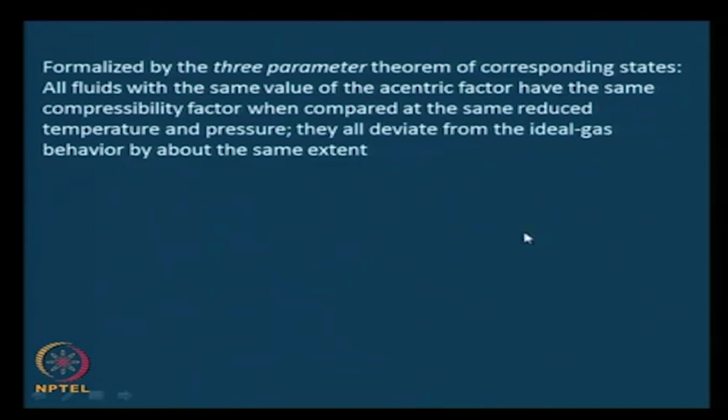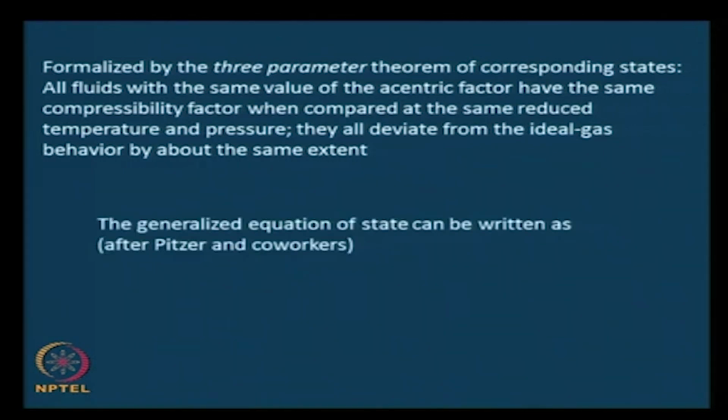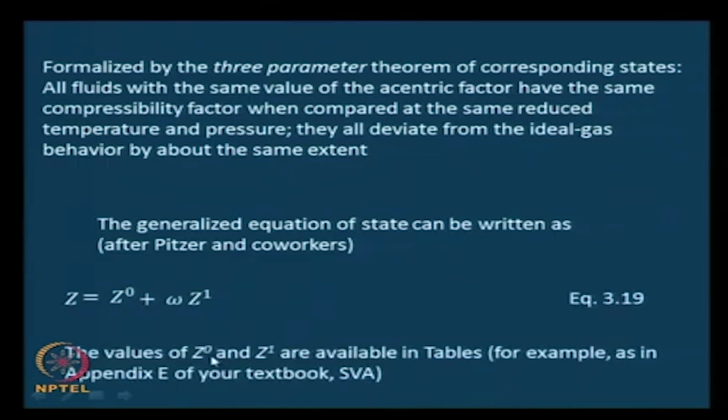This was applicable to a wide variety of gases, and the kind of equation of state that can be a consequence of the 3-parameter theorem is Z equals Z0 plus omega times Z1, and it so happens that the values of Z0 and Z1 are available in tables. In fact, that is the reason why we use this form as written here, because the values are available to us.